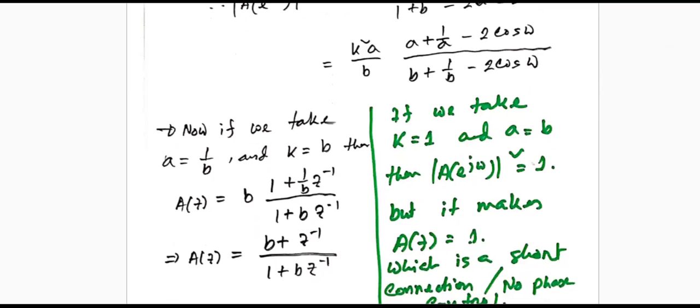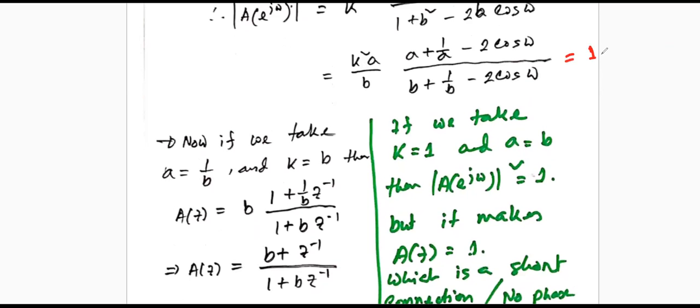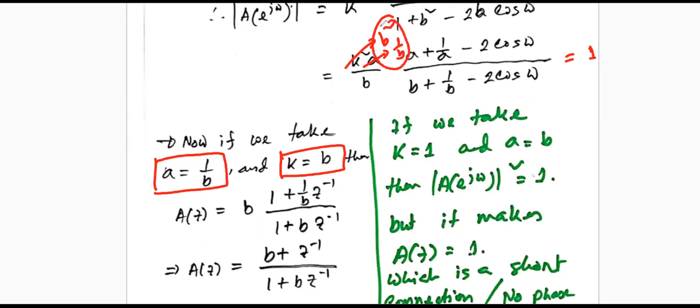Okay, now there is another way to satisfy this equal to 1. How? A can be taken as 1 by B and K can be taken as B. So it will be B squared, and whatever, you can change A as 1 by B, this will be 1 by B. So of course, in total, this will be B over B. In that way, you can find that they will also cancel each other.